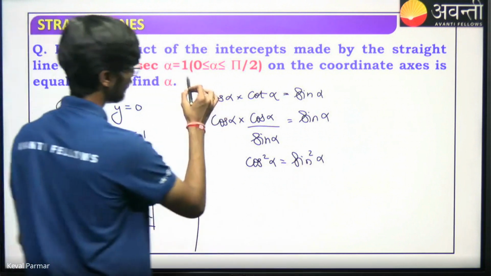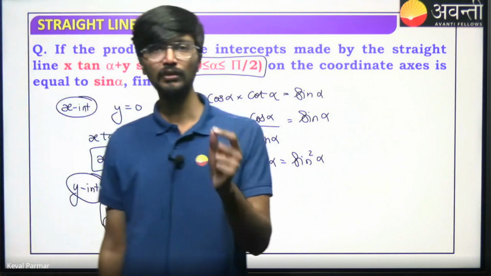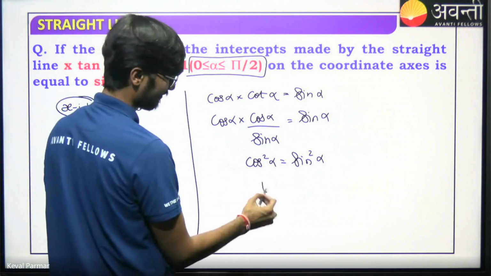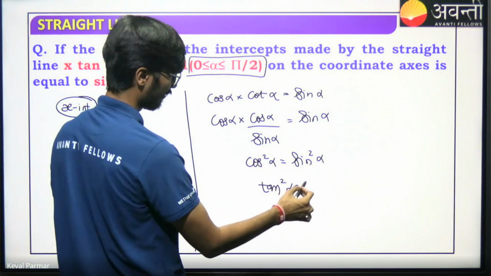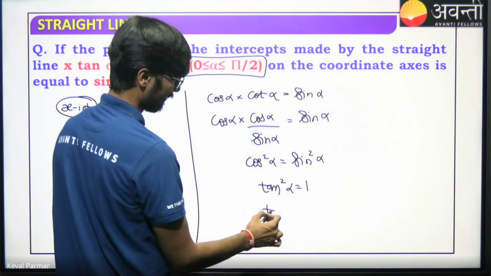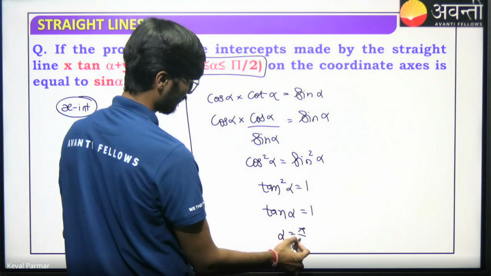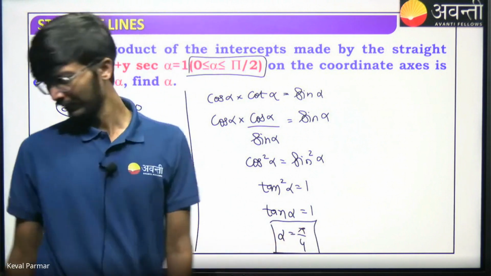Please see that the range of alpha is 0 to pi by 2, which means alpha belongs to the first quadrant. So if I take cos square alpha down, I'll get tan square alpha equals 1. That means tan alpha equals 1, and that means alpha will be 45 degrees, which is pi by 4. How did you get 90?